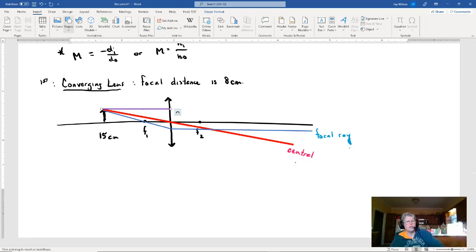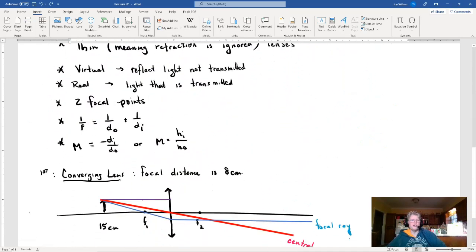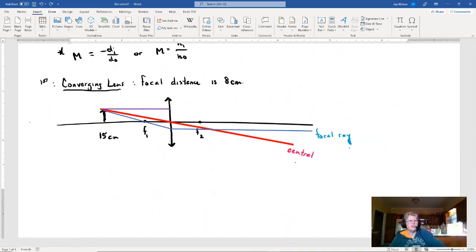So here we go, making our line. It goes through the focal point.